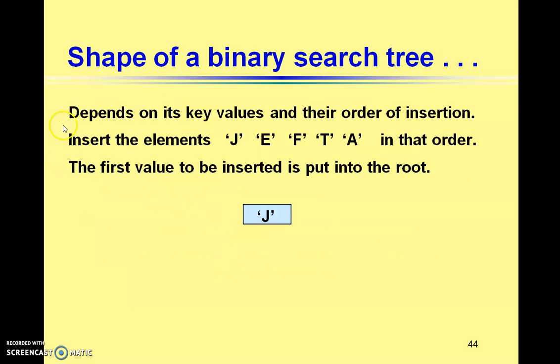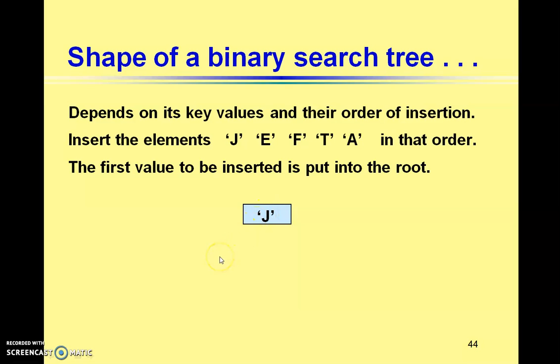Let's see if we can look at it. The shape of a binary search tree all depends upon the key values and their order of insertion. If you insert J, it starts the tree. So where would E be placed? Well, E would have to be to the left. And where would F go?